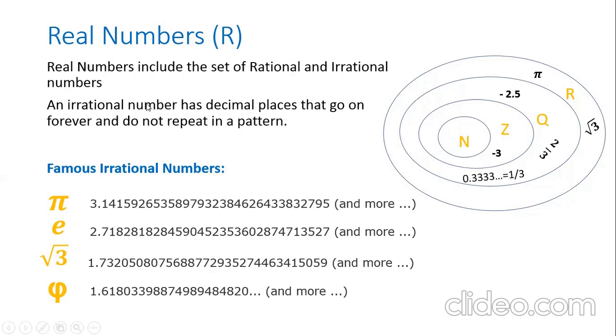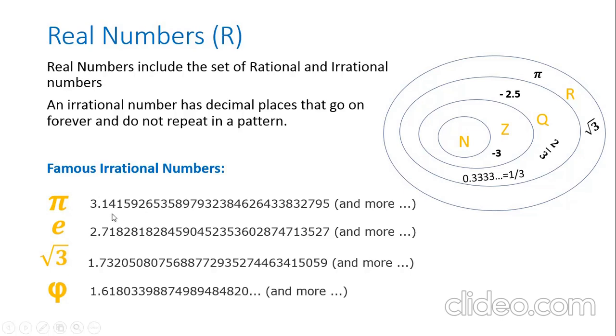So an irrational number has decimal places that go on forever and do not repeat in a pattern. For example, we have pi, which is the ratio of the circumference of a circle to its diameter.